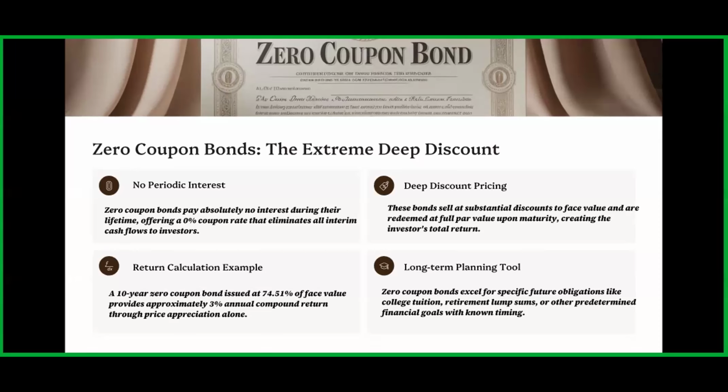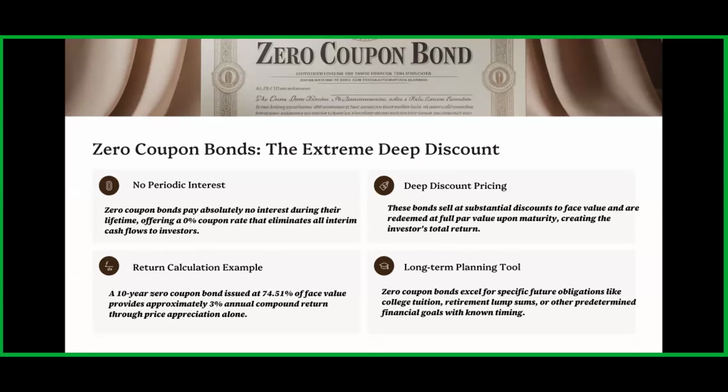Next one is the deep discount pricing. These bonds are sold at a substantial discount to face value and are redeemed at the full par value upon maturity. Sometimes zero coupon bonds, when they are issued at a larger discount, such a zero coupon bond we also call a deep discount bond.